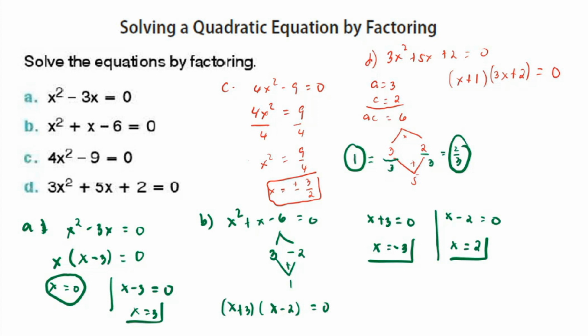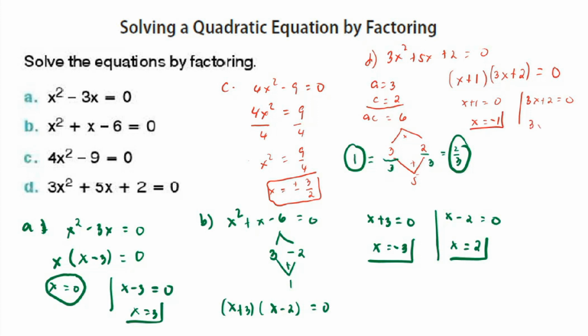Now, after that, we want to know the value of x. So therefore, equate each factor to 0. So we have x plus 1 equals 0, and the other one is 3x plus 2 equals 0. Solving for x, on this side we have x equals negative 1 because 0 minus 1 is negative 1.